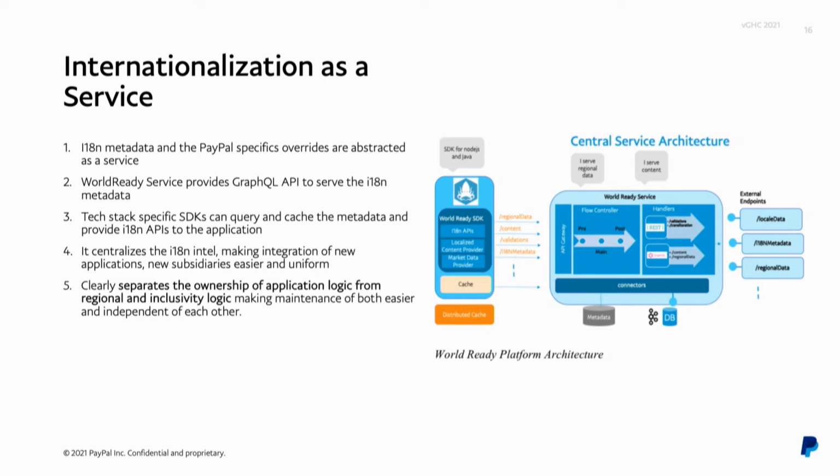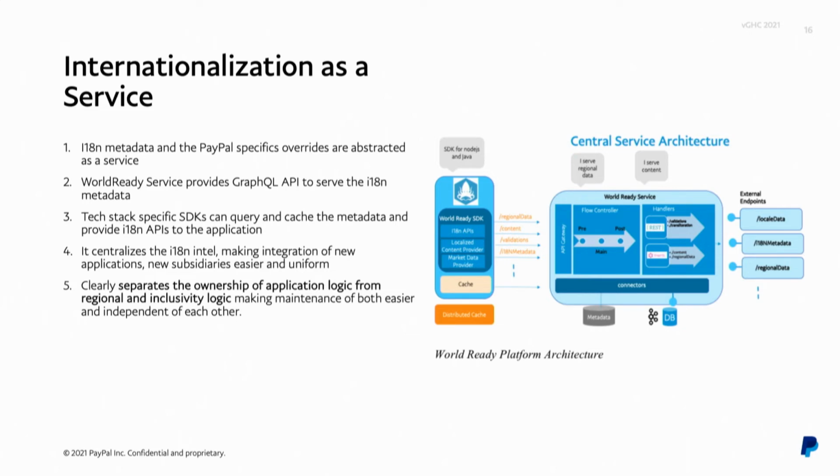Now, all the SDKs that we already have for Java, Node.js, browser side, they know how to interact, they know how to get this information. But outside of that, let's say Honey or Zoom or other subsidiaries of PayPal now join in, they need to have the overrides that we have, and they need to have all the other logic that we have on top of this in order to work uniformly and be compliant, the same way all the other PayPal applications are.